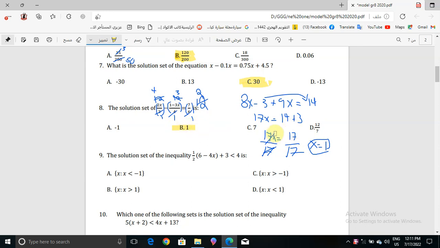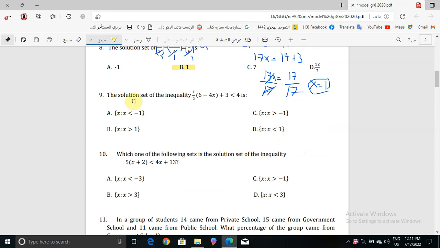Okay, now question number 9. The solution set of the inequality 1 over 2 times 6 minus 4x plus 3 is less than 4. So what will be the answer here? First of all, we have 1 over 2, 6 minus 4x, here cut by 1, and here by 3, and here it will be by 2.